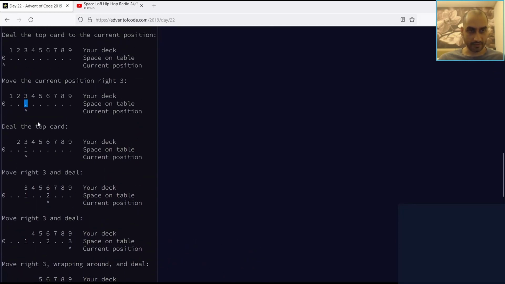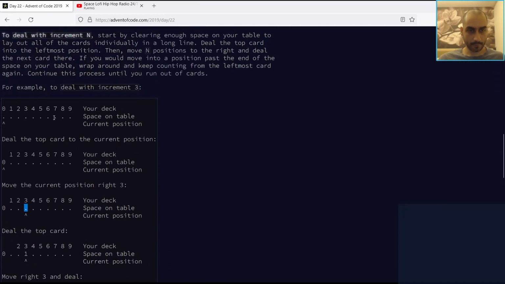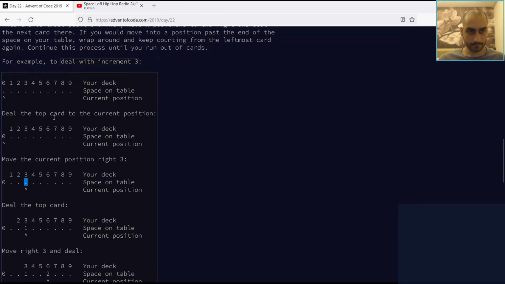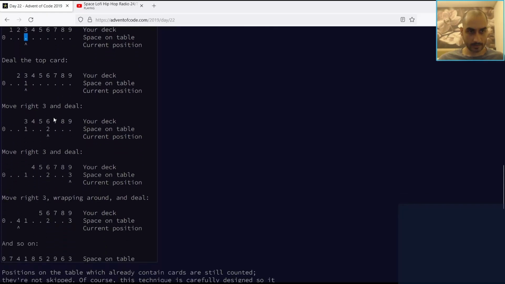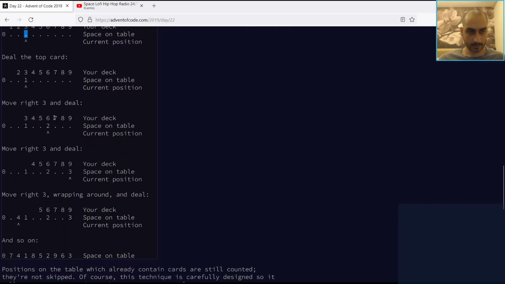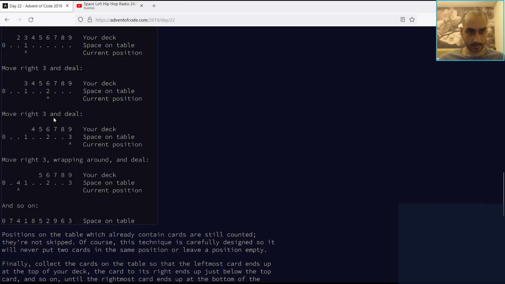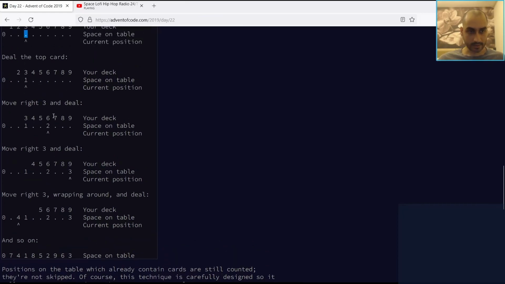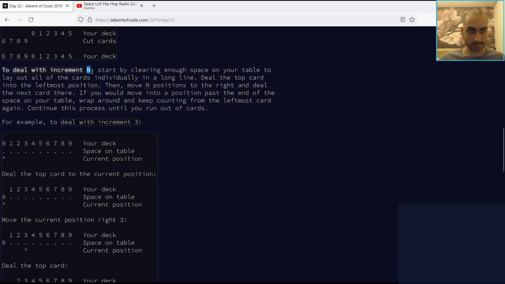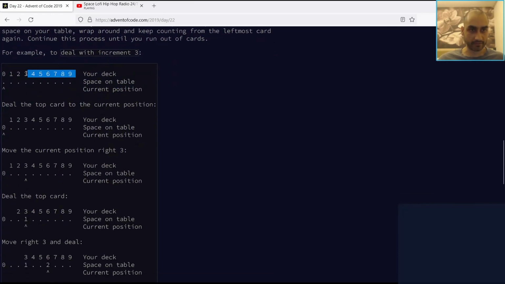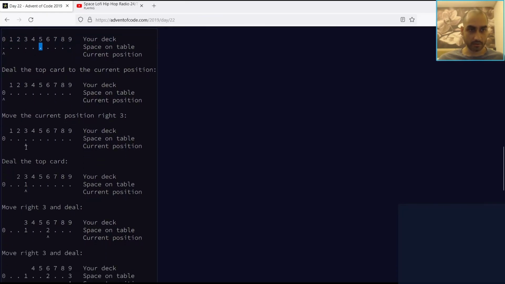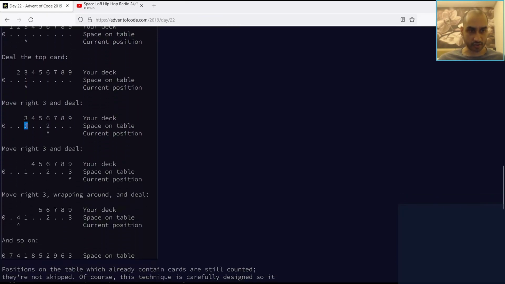So if the increment is co-prime to the size of your deck, then this process will actually fill all the spaces without duplicating. You won't end up trying to put another card on top of one.